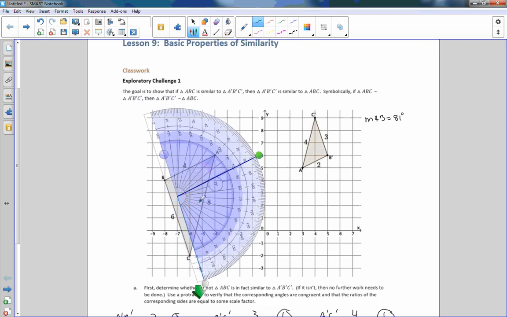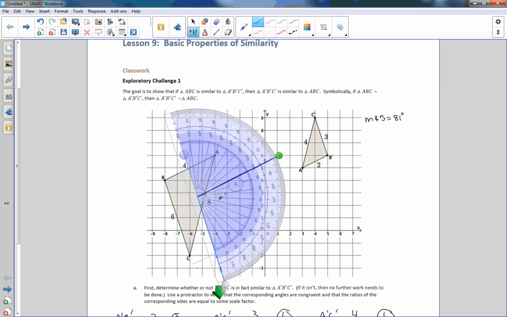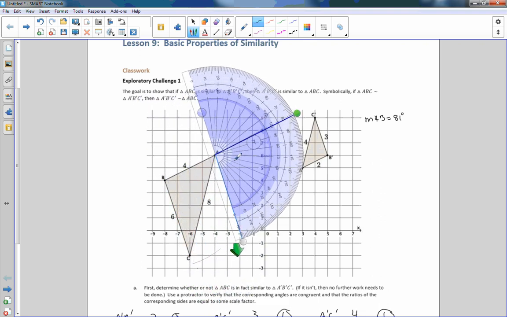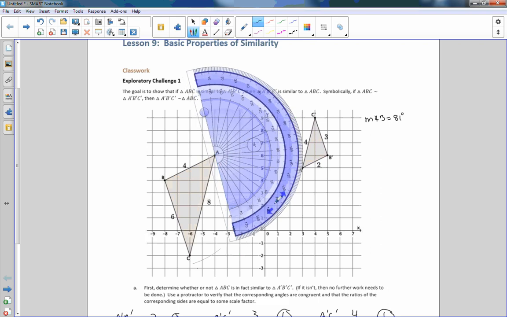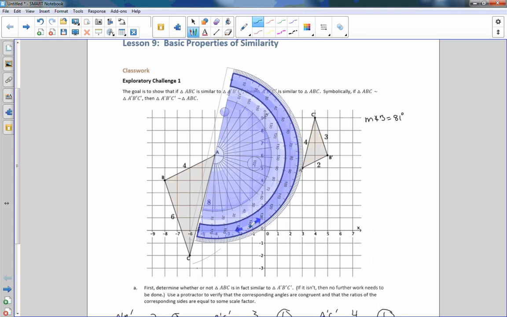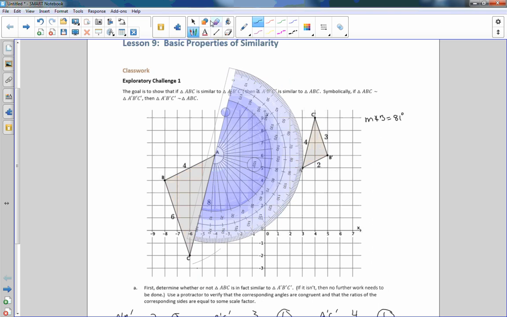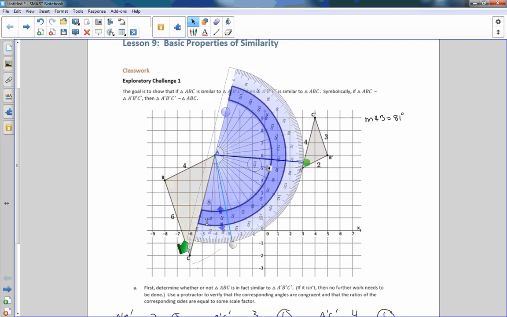Okay, now I'm going to move my protractor down. How about we measure A? So I'll put the vertex right there. Rotate until I'm right on the line C here, and then this has to get rotated around actually.